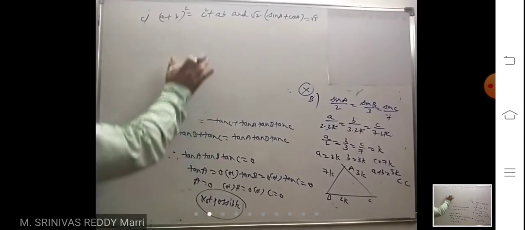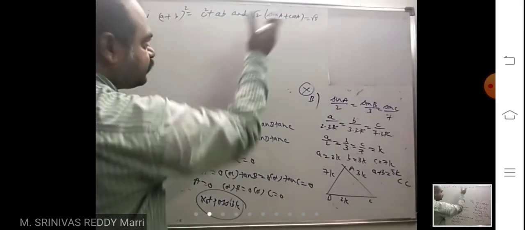He's asking whether there is any triangle satisfying these two conditions.